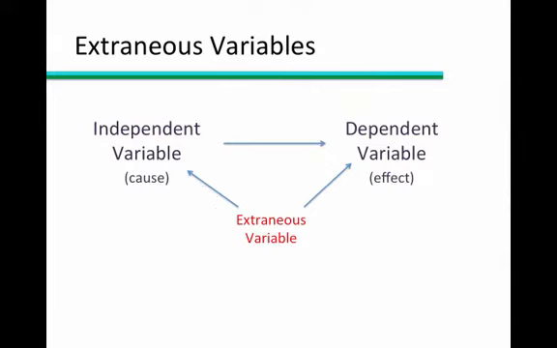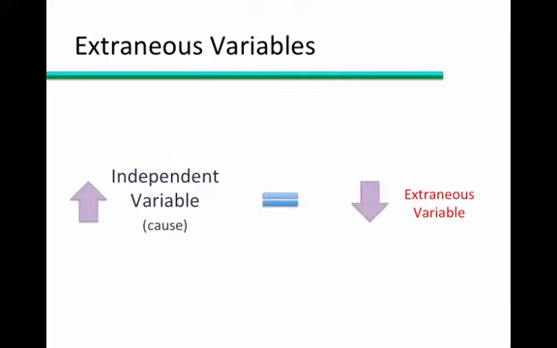Many times, extraneous variables have no systematic effect on the relationship between the independent variable and the dependent variable. However, sometimes these variables do systematically relate to the independent and dependent variables and can offer an alternative explanation for the results.